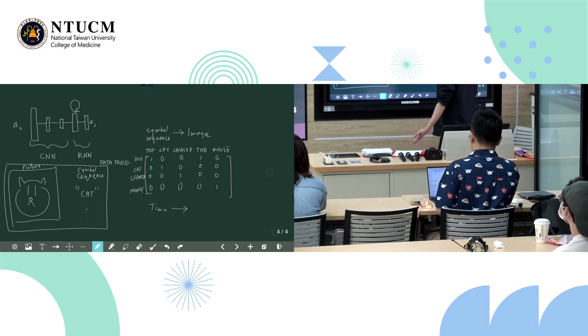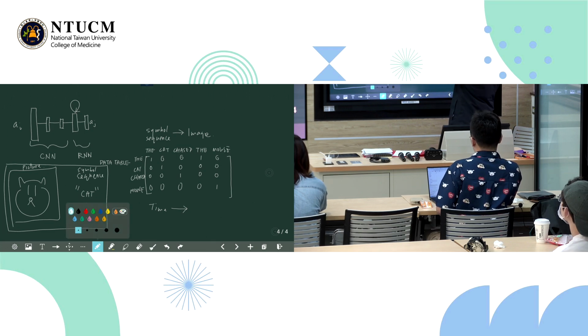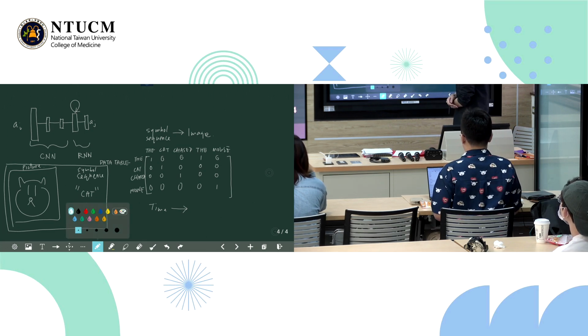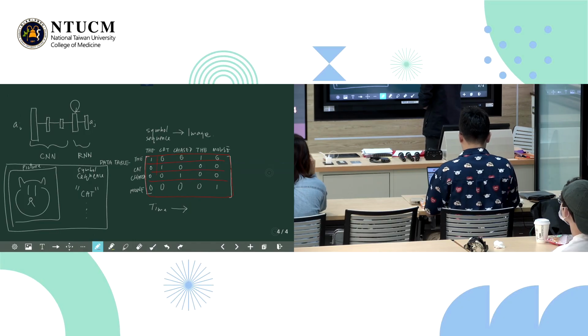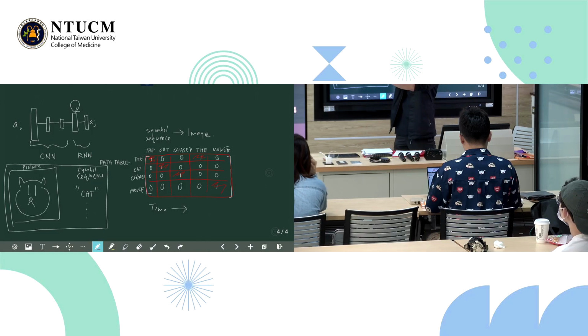So this sequence of vectors encodes the sentence, right? I can just say that this is a grayscale picture. Take a snapshot, right? These are white, and the rest are black. So this becomes a picture.